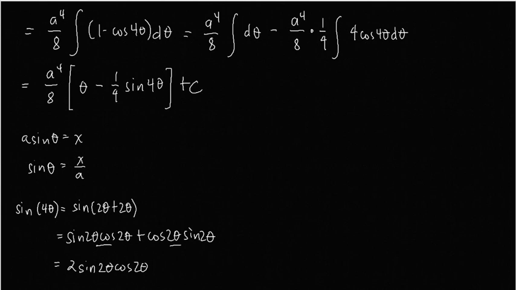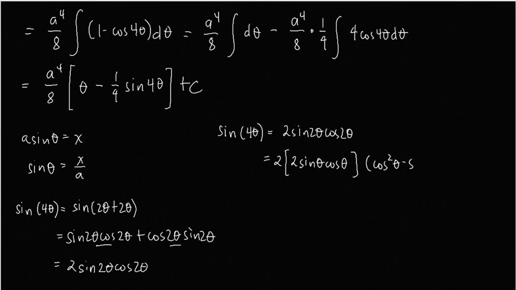Again, sine of 4 theta, which is now equal to 2 sine of 2 theta, cosine of 2 theta, we will substitute 2 sine of 2 theta as 2 sine theta, cosine of theta, and then cosine of 2 theta as cosine squared of theta minus sine squared of theta.